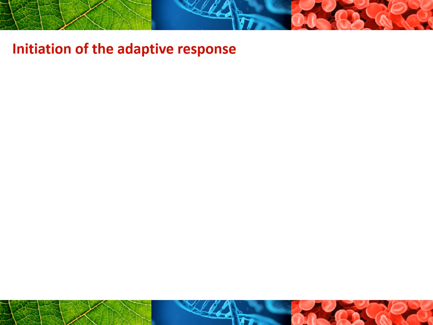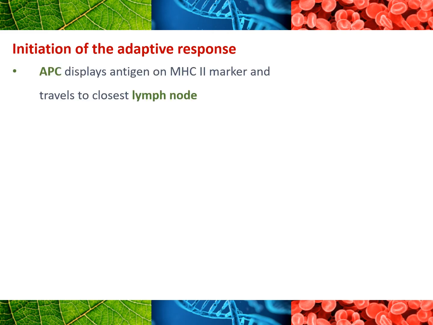So the initiation of the adaptive response is basically how this response begins. Remember we looked at inflammatory responses, where we get phagocytes called antigen-presenting cells, which can be macrophages and dendritic cells. After they have destroyed or gobbled up a pathogen, they display the antigen fragments of that pathogen on their MHC2 marker, and they travel to the closest lymph node.